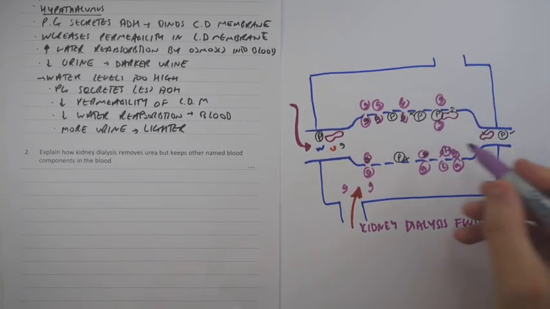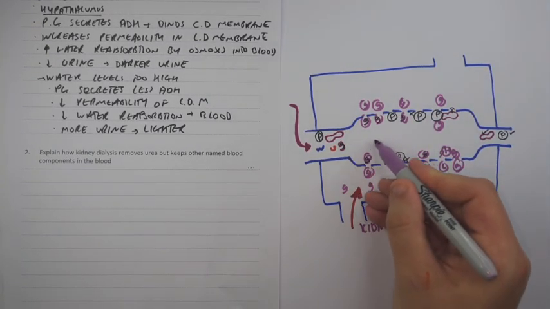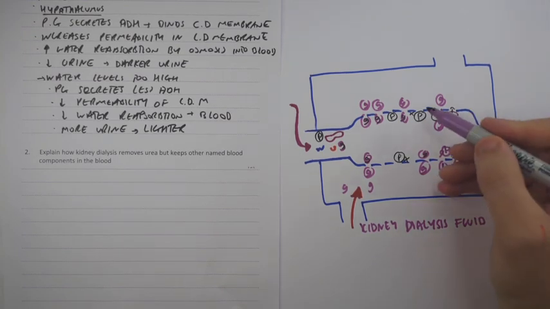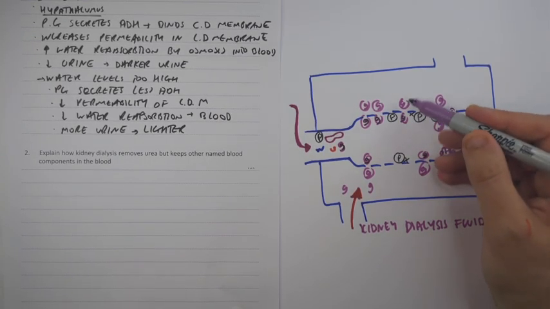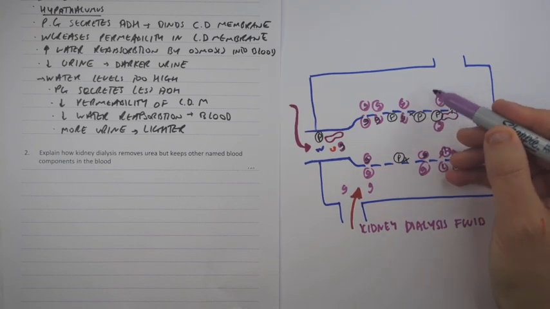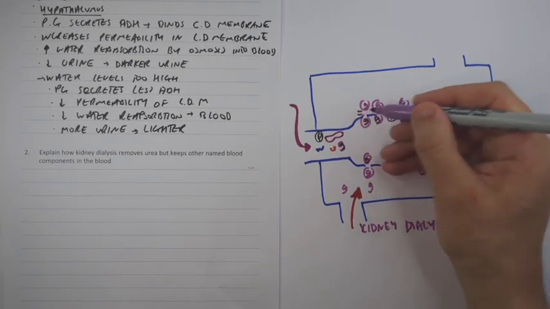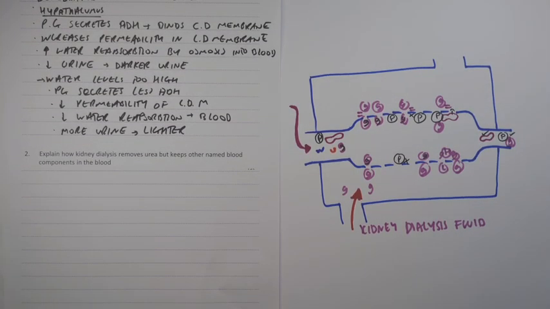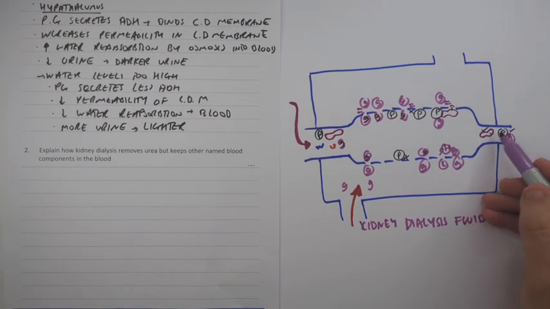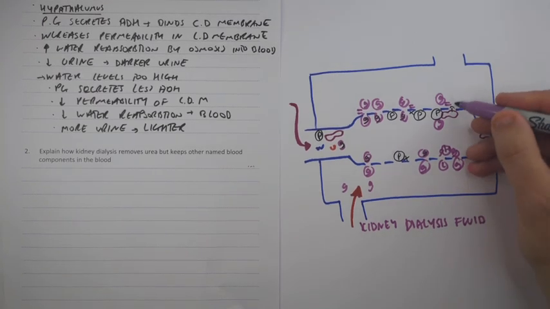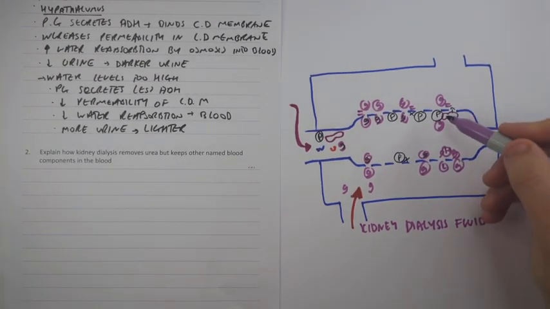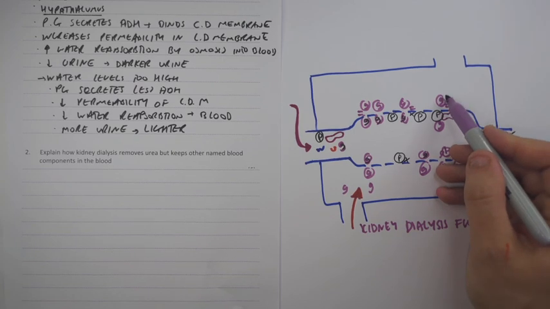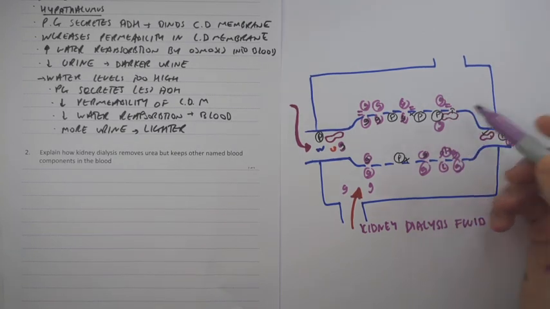So the glucose is not going to diffuse out into the dialysis fluid because there is an equal concentration on both sides, therefore there's no net movement of glucose. So understand proteins and red blood cells are too big to diffuse into the kidney dialysis fluid. Glucose has the same concentration in the dialysis fluid as in the blood.